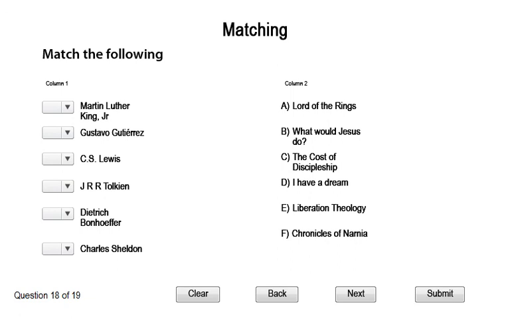C.S. Lewis, he's known for the Chronicles of Narnia. J.R.R. Tolkien, he's known for Lord of the Rings. Dietrich Bonhoeffer, he's known for his famous book, The Cost of Discipleship. Charles Sheldon, he's known for the famous principle, What Would Jesus Do?